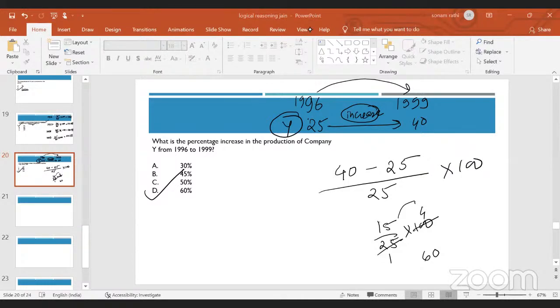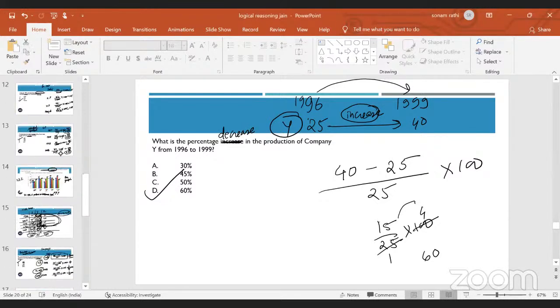If it is decrease, they will ask you in the question how much is the percentage decrease. Let's say in this case, instead of increase, they will say decrease. Let me change the number.